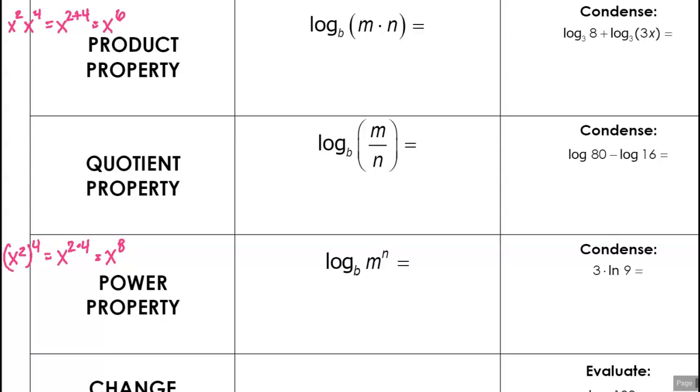We're adding two terms inside of a log. This is equivalent to adding two separate logs with the arguments split apart. So log base b of m times n is the same thing as log base b of m plus log base b of n.